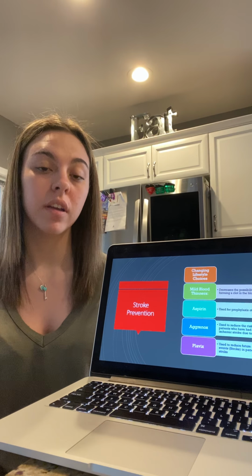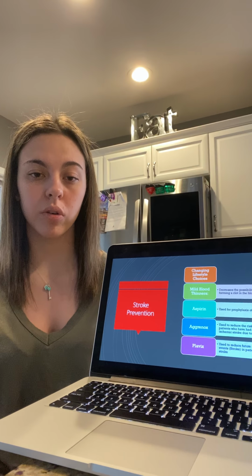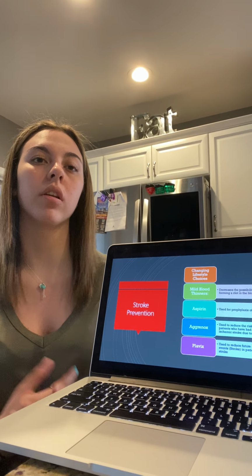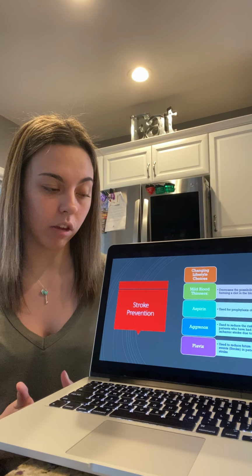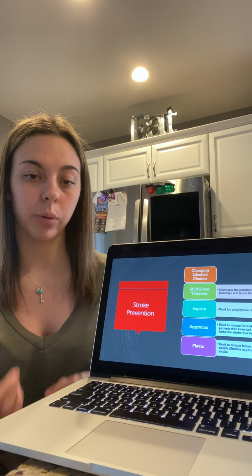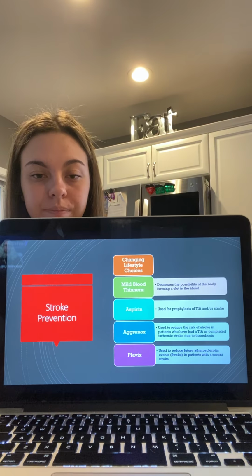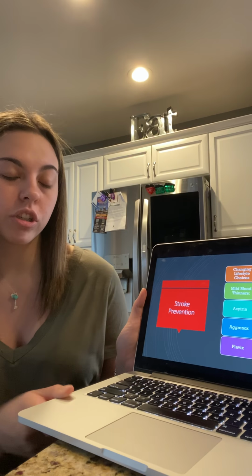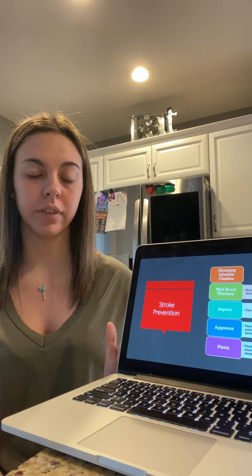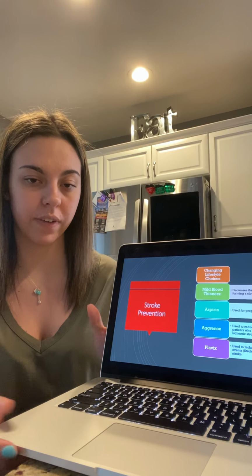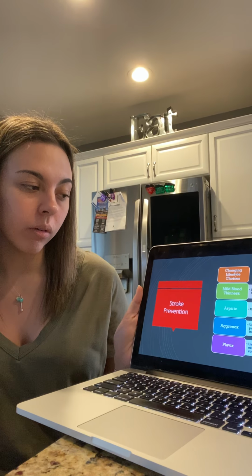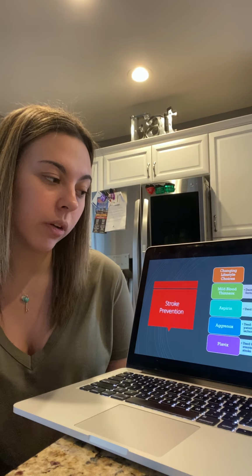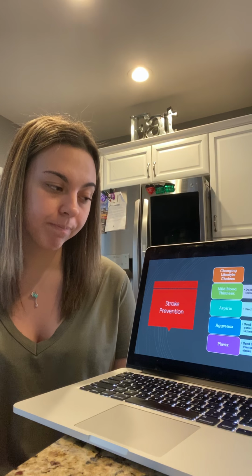So stroke prevention. As I talked about, you can prevent a stroke from occurring. And if you already had a stroke, or TIA, you can prevent another stroke from happening by following these. So you're changing your lifestyle choices as previously stated in the modifiable risk factors. So you could go on mild blood thinners, which decrease the possibility of the body forming a clot in the blood.